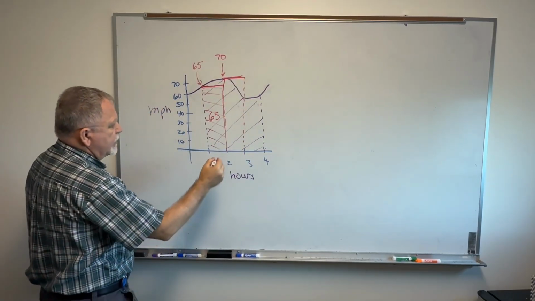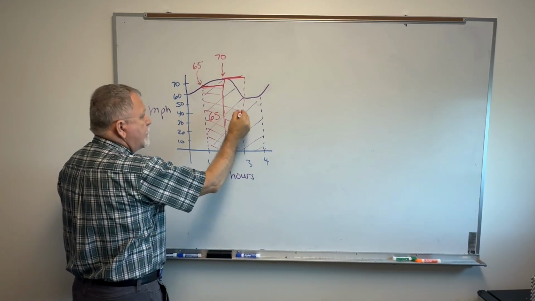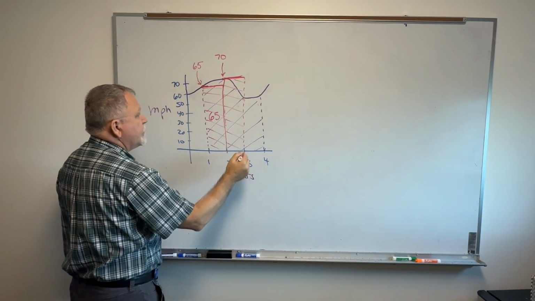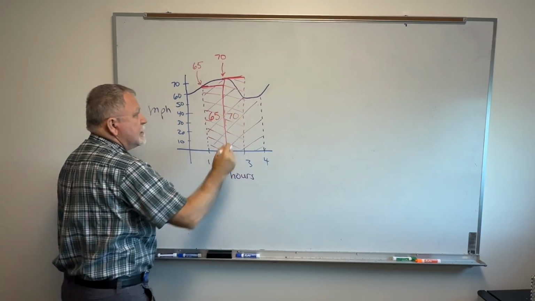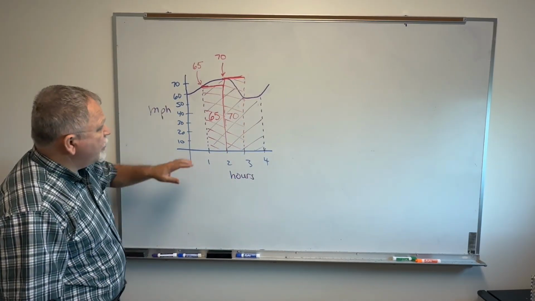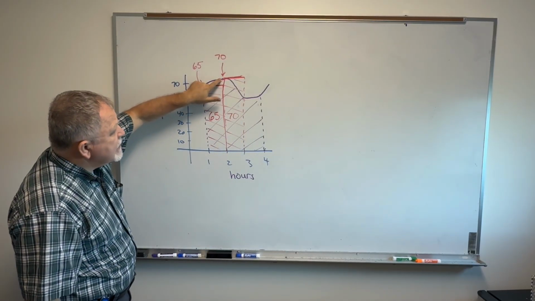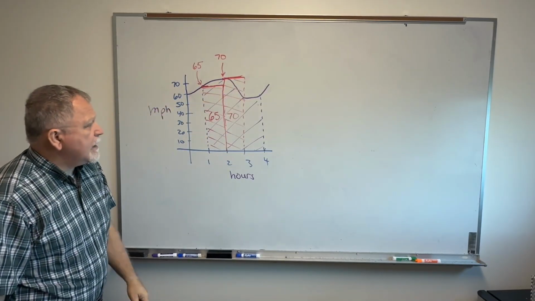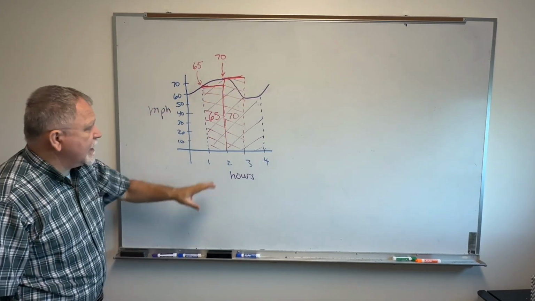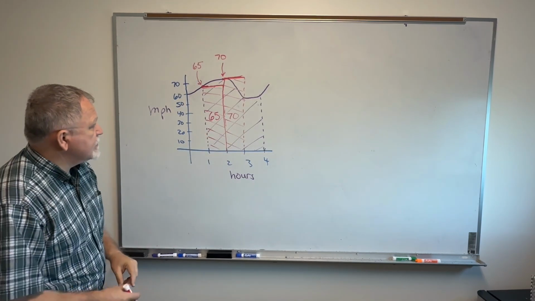So I'm looking at the area of this rectangle. And 1 hour at 70 miles an hour, so that's 70 miles. Now we know this one is actually an overestimate because we didn't go 70 miles an hour that whole hour. We dropped our speed here, but it's an estimate nonetheless. Over that next hour, we went 70 miles.